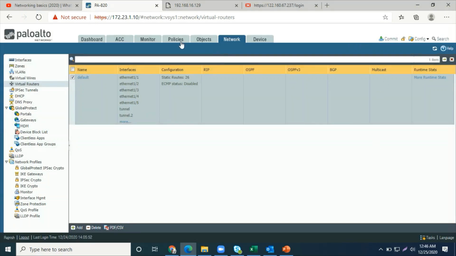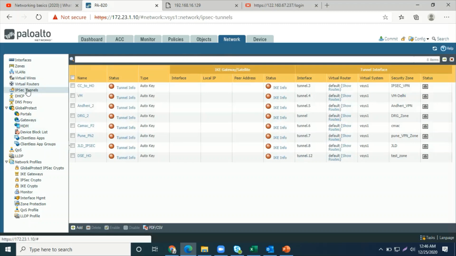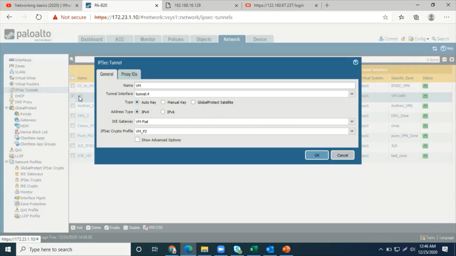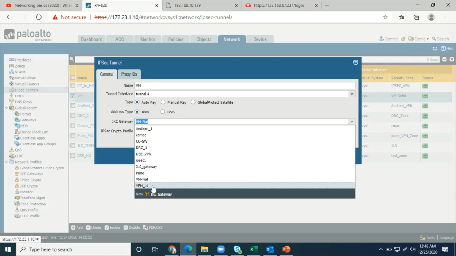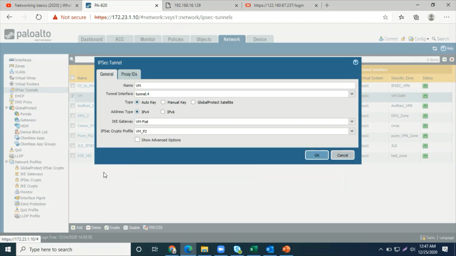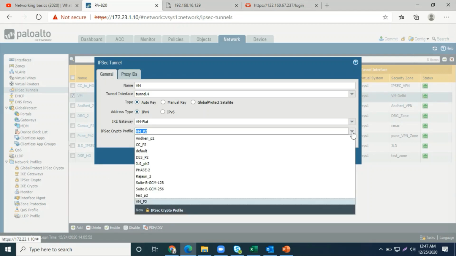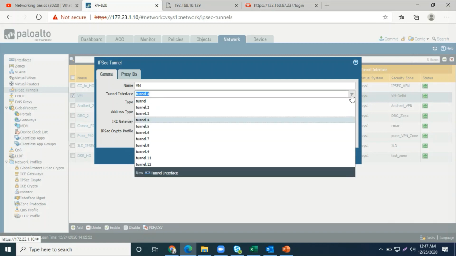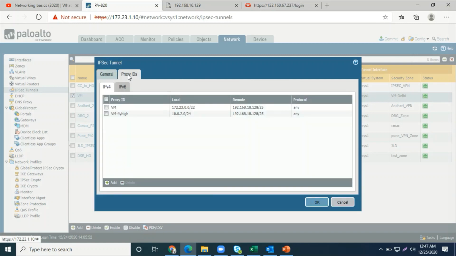Then go to the IPsec tunnel. Call the IKE gateway for phase 1, and the IPsec crypto profile, then the tunnel interface, and the proxy ID.